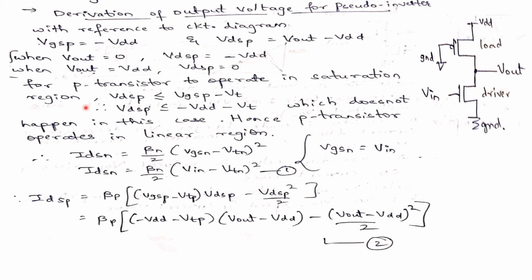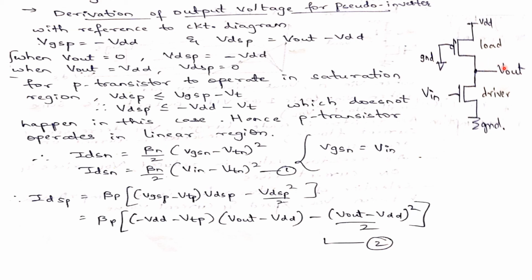So for the P transistor to operate in saturation, the condition is VDSP has to be less than or equal to VGSP minus VT. So VGSP is minus VDD, minus the threshold value. When input is 1, both these sections are on, pull up as well as pull down, and the output will depend on the ratio of the devices.